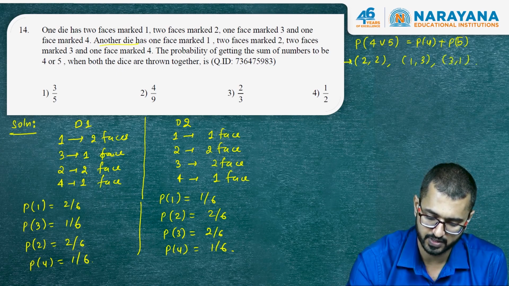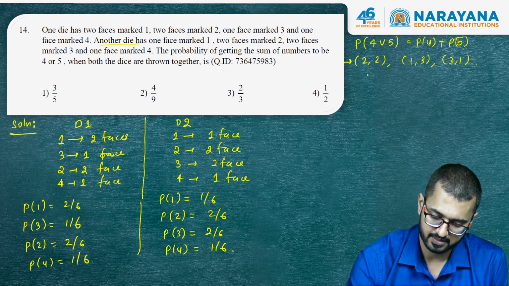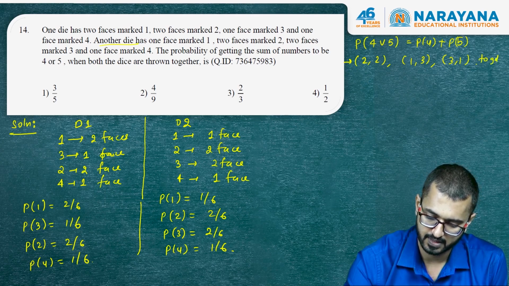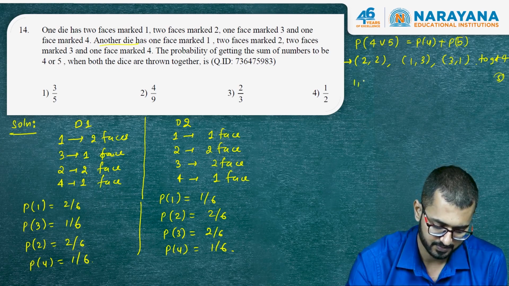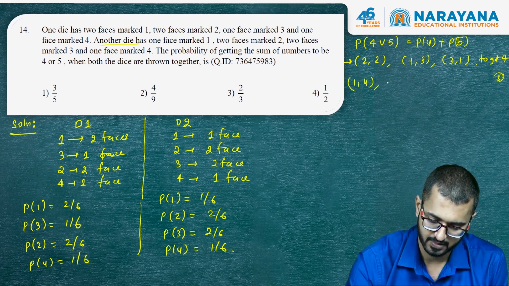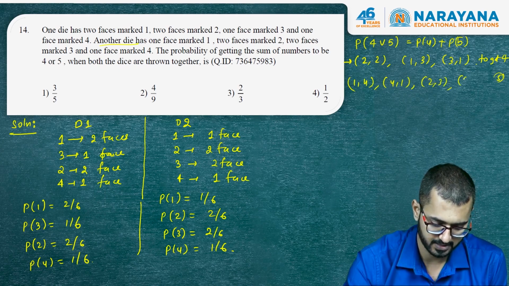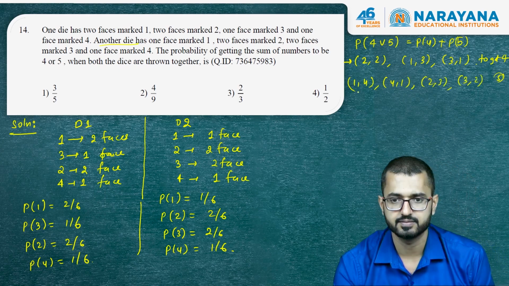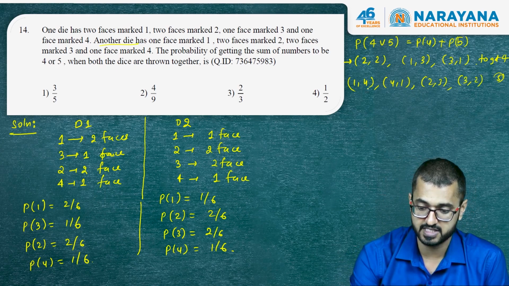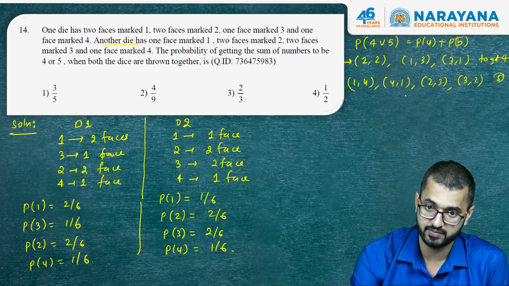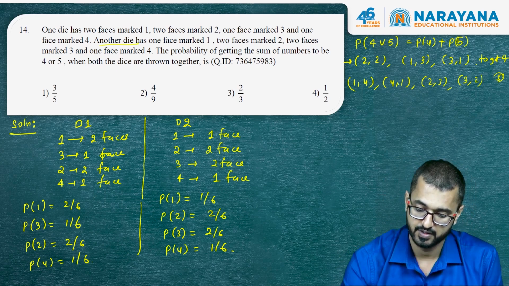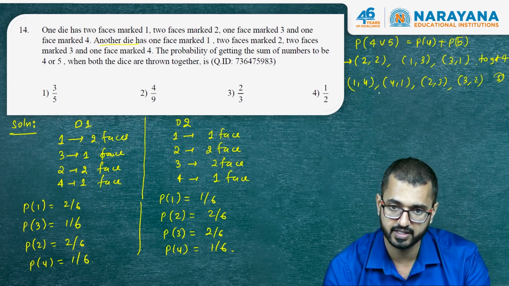These are the only ways to get 4. And to get 5 we will be having 1 4, 4 1, 2 3 and 3 2. The first entry is on die 1, the second one is on die 2. So yes, these are there, that means we now have to add the probabilities.